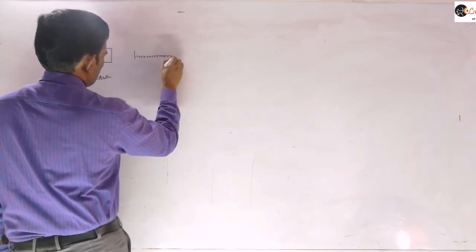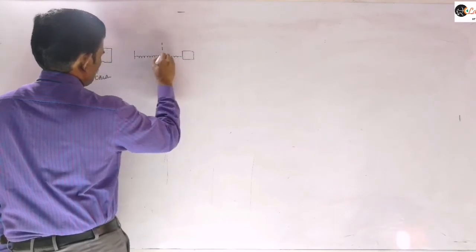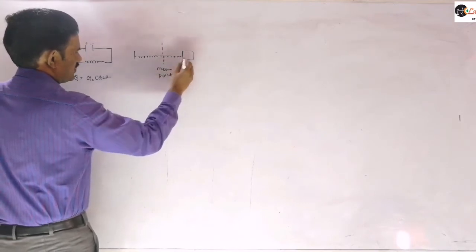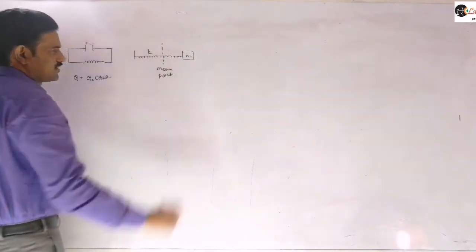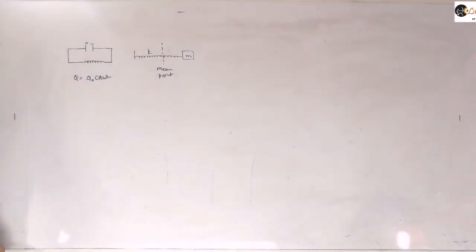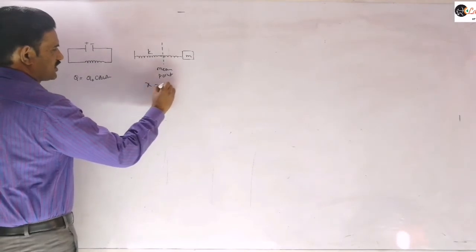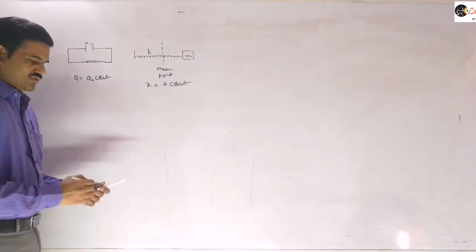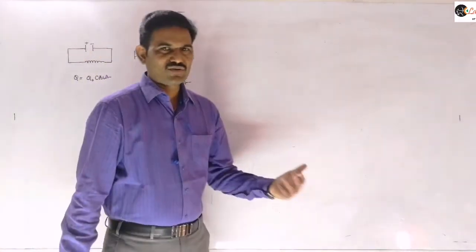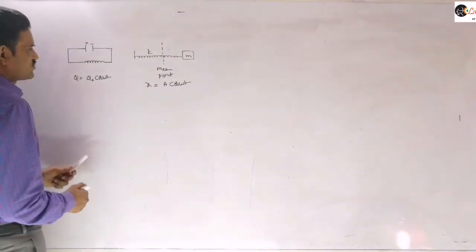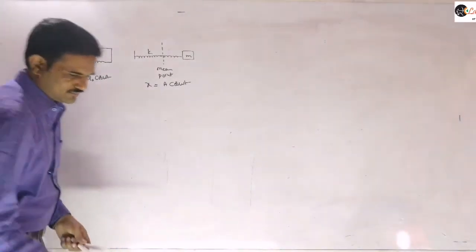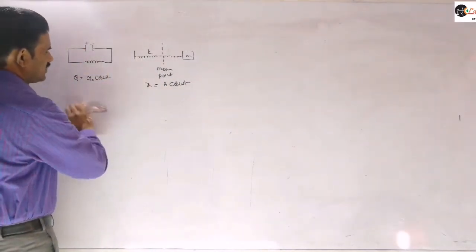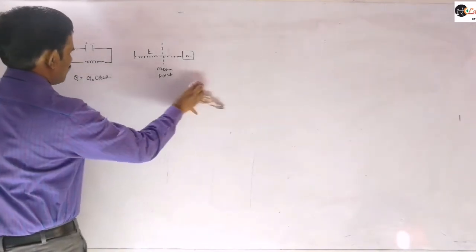This is our equilibrium position, and this is the extreme position. Starting from this extreme position, the corresponding displacement equation is a cos omega t. So this is at t is equal to 0, and then the block will be at the extreme position.